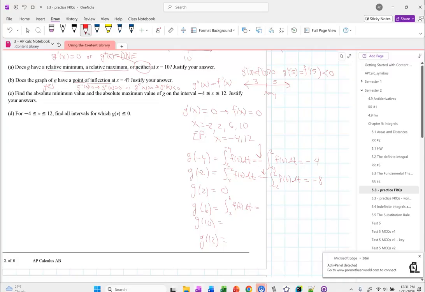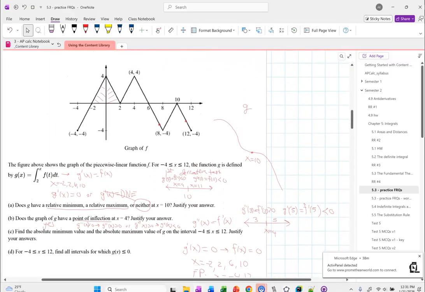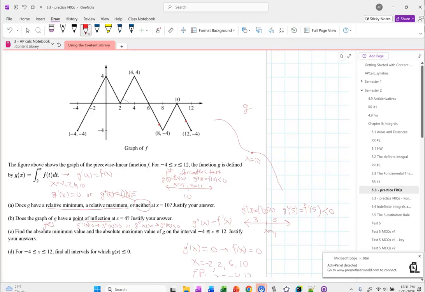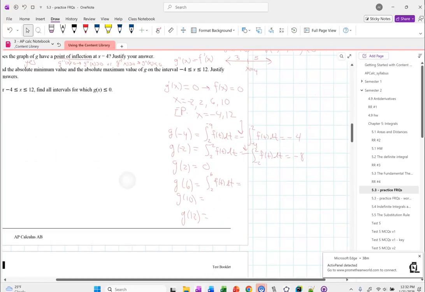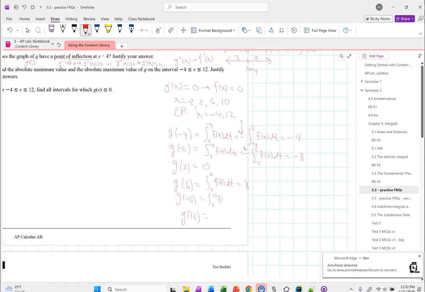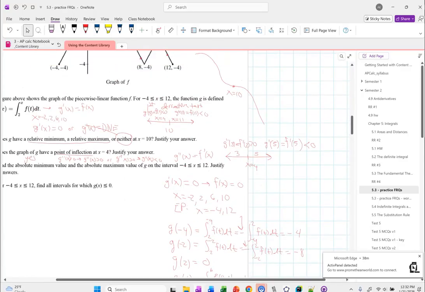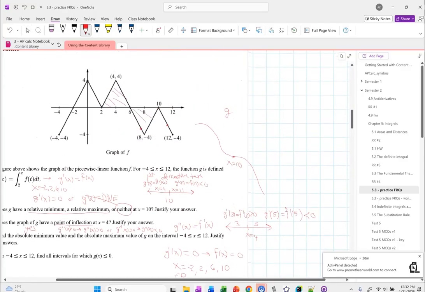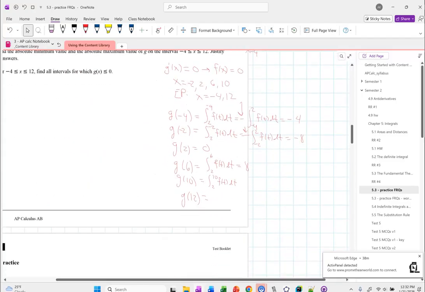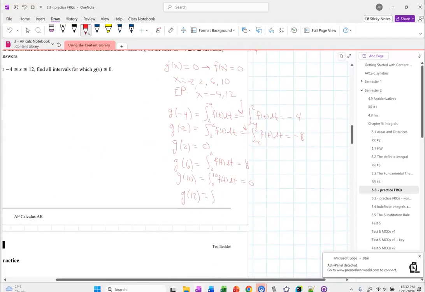Okay, let's do G of 6. Here we're going from 2 to 6. So we're looking at that area, which is positive 8. G of 10. So we're going in an area from 2 to 10. So those areas cancel out, so it's 0. And then to 12.